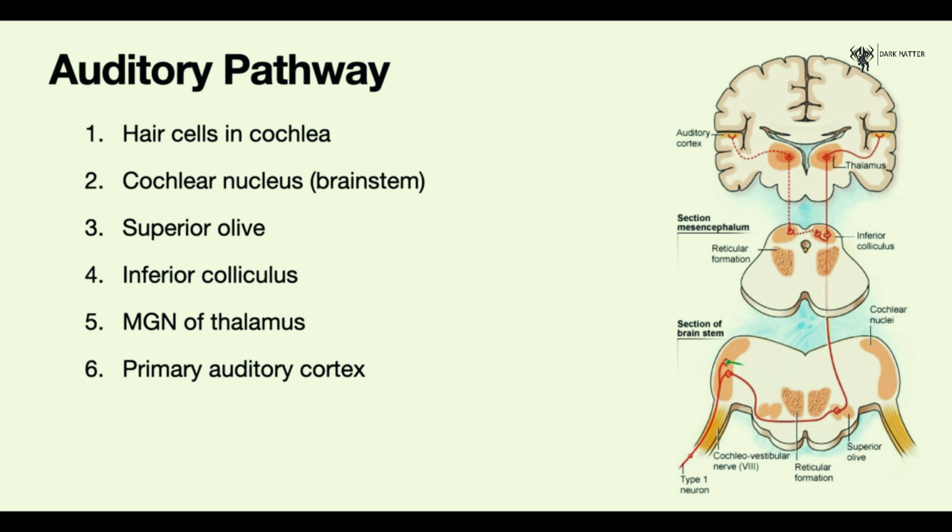The next neuron synapses in the medial geniculate nucleus of the thalamus, and if you remember the lateral geniculate nucleus, that's where the information from the visual system comes in. Then the last neuron will synapse onto the primary auditory cortex.